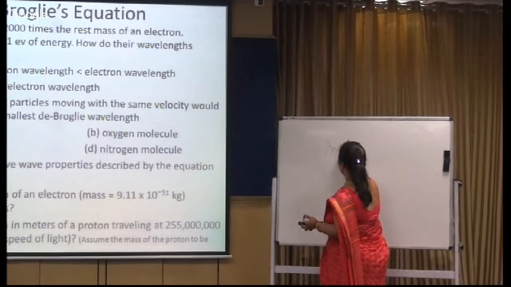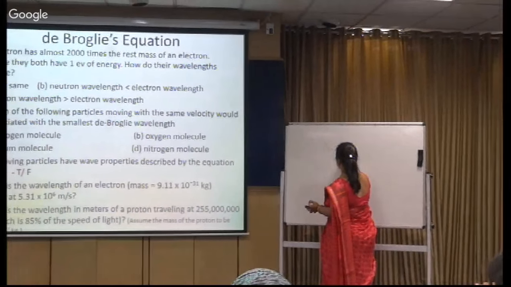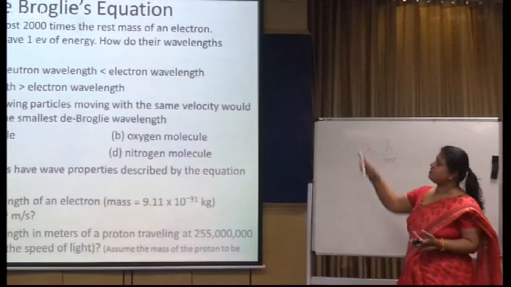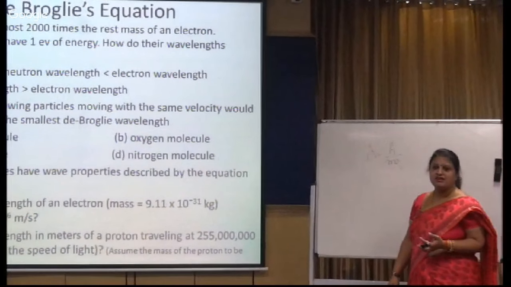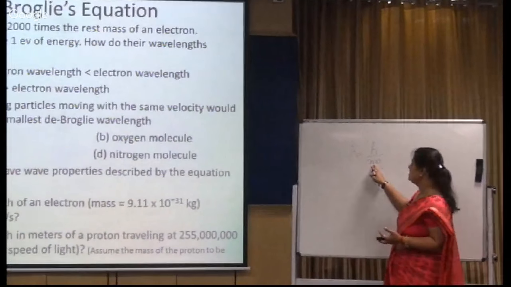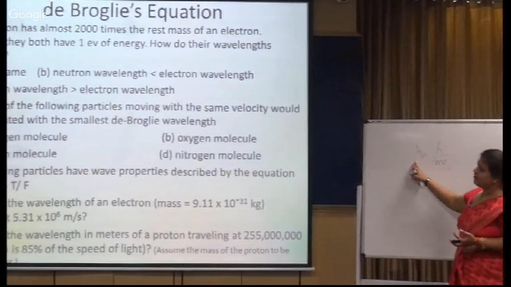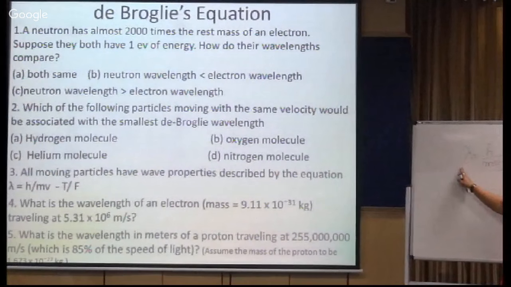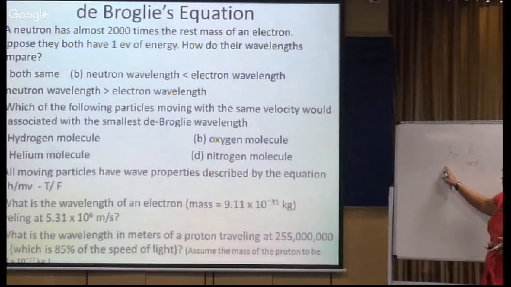Lambda is equal to h by mv. Again, you don't have to do it mathematically. Mass of neutron is higher. High mass means low wavelength. What does that mean? That the wavelength of the neutron is smaller than that of the electron, and hence option B.